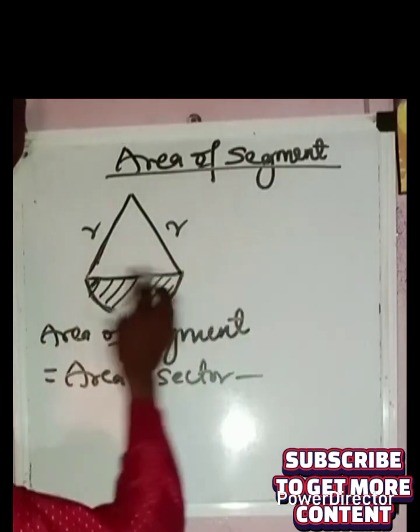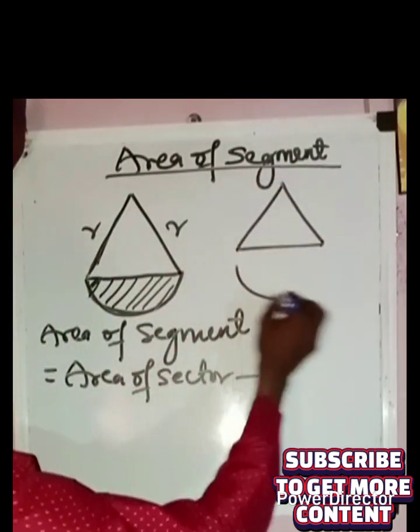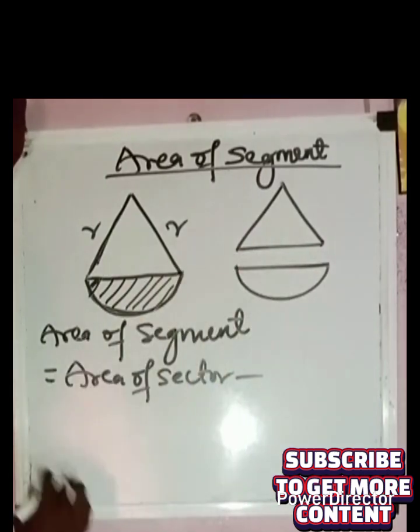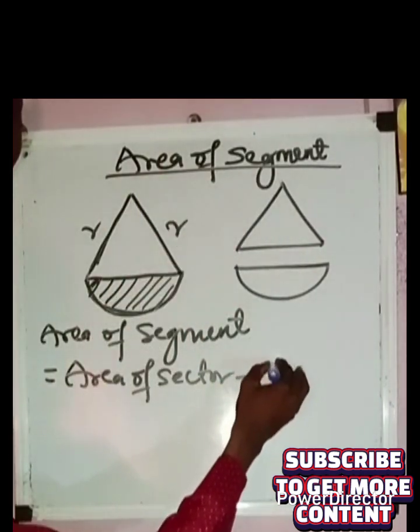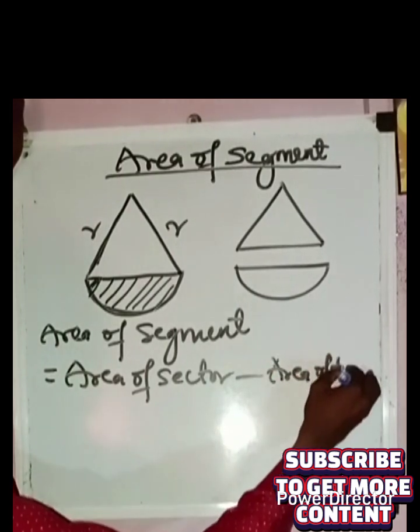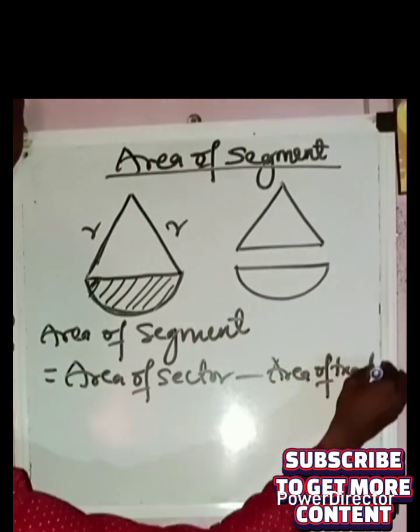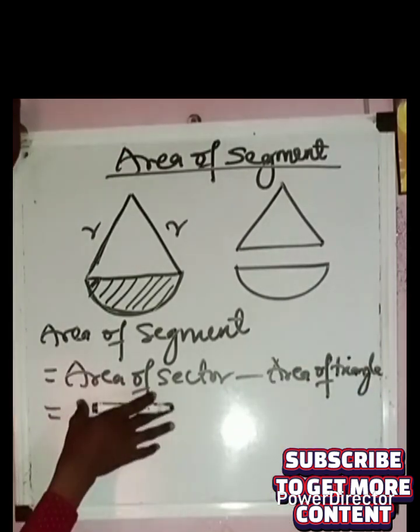If I separate this, I have the triangle up and the segment down. So if I subtract my triangle, I will have minus area of triangle.